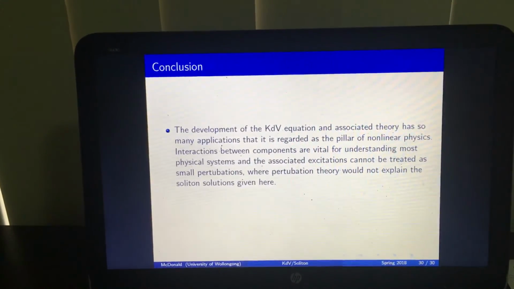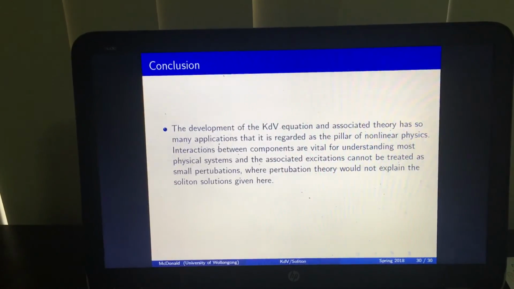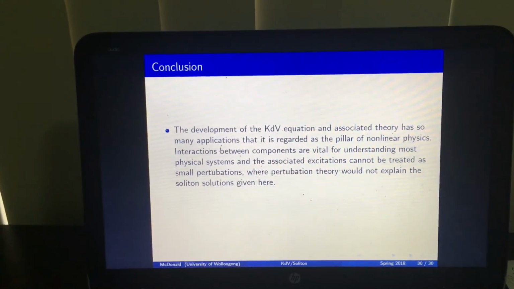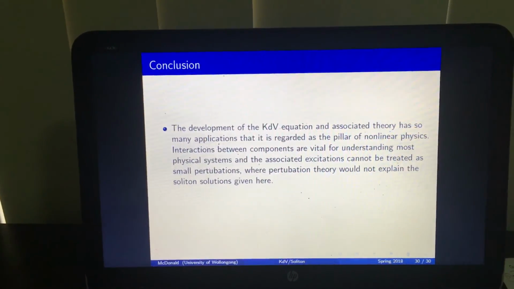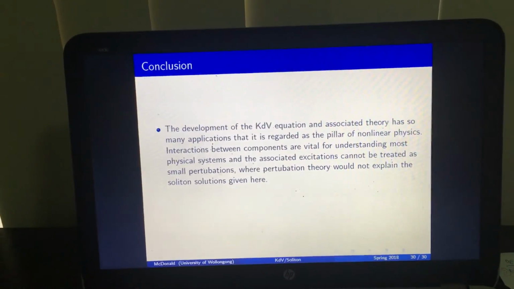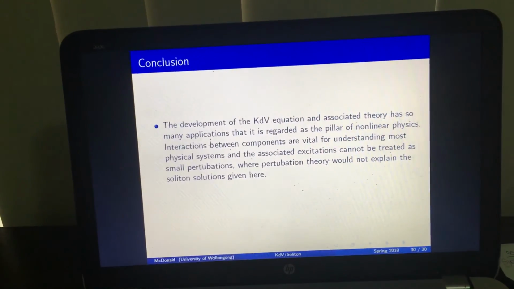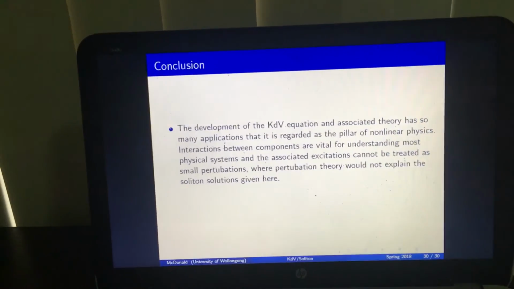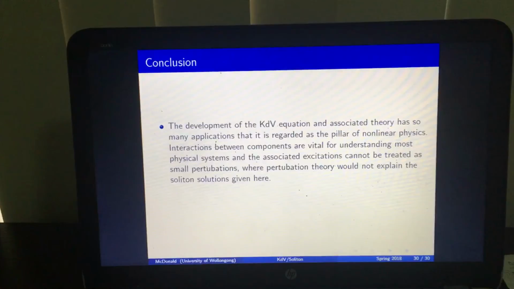Interactions between components are vital for understanding most physical systems, and the associated excitations cannot be treated as small perturbations, where perturbation theory would not explain the soliton solutions given here.